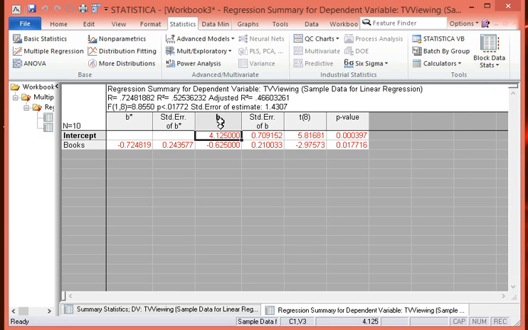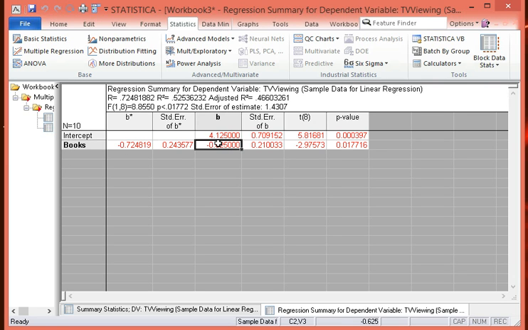Again, this is what you call the unstandardized regression coefficient, where the units of these values are the original units, which in this case is the number of hours of TV viewing.